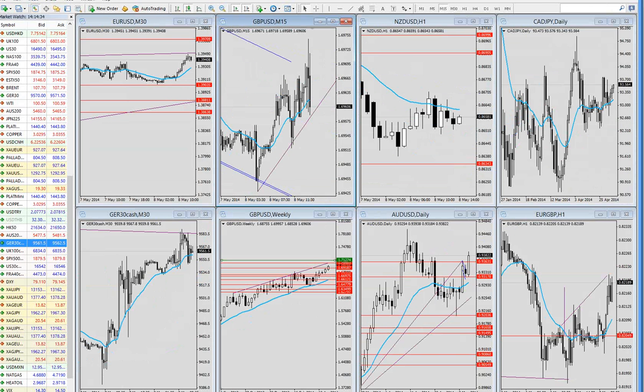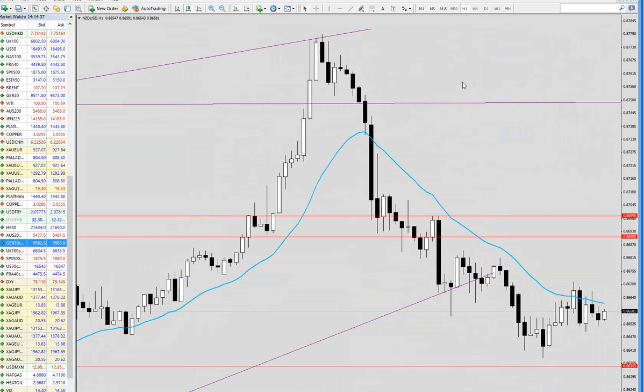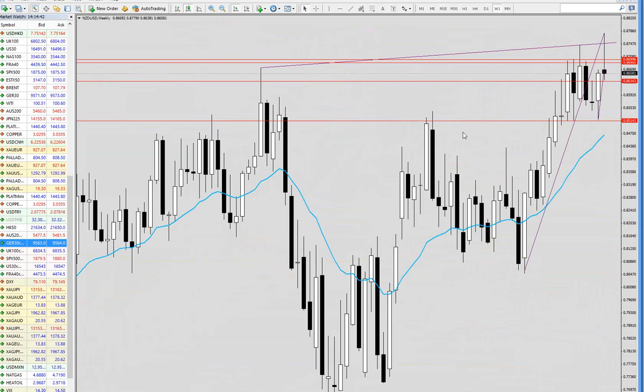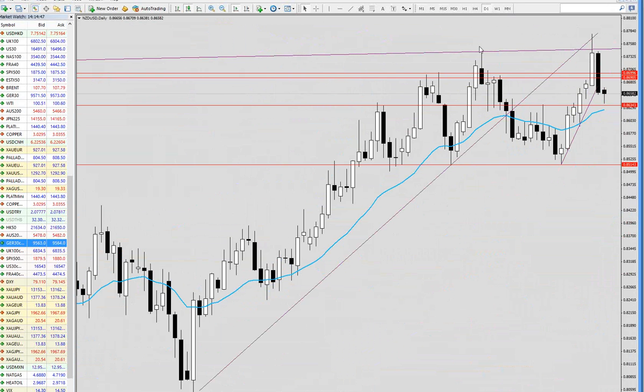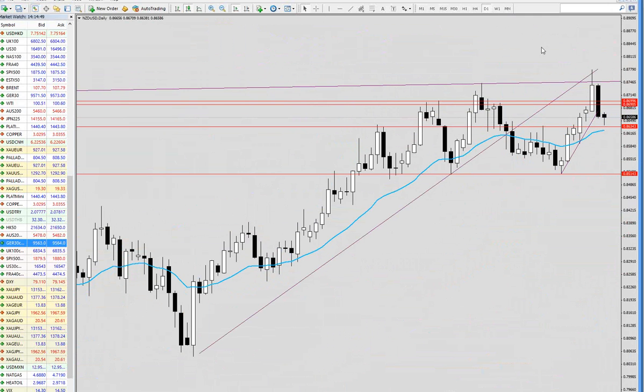So we have a few minutes to take a look at different crosses. Let's start with Kiwi. Have you guys noticed this? We made a high, right?